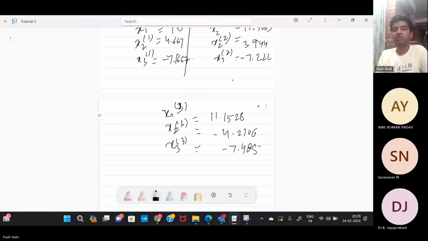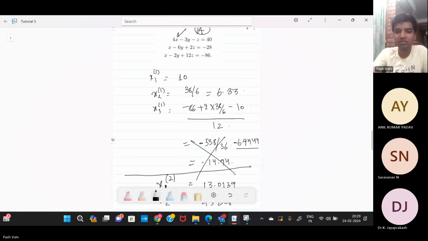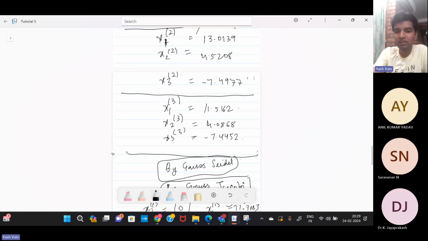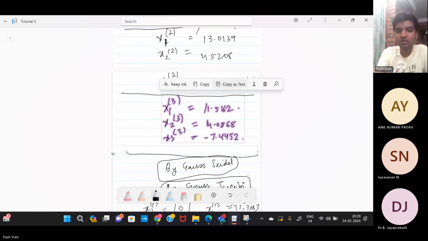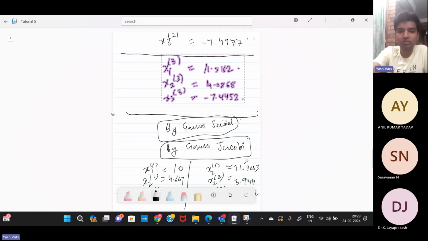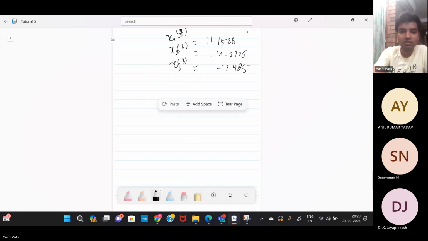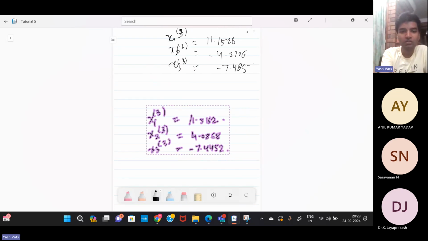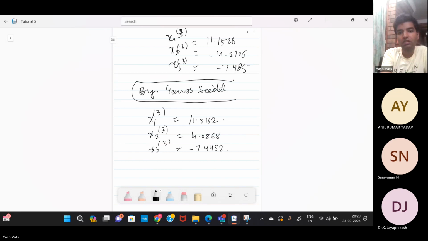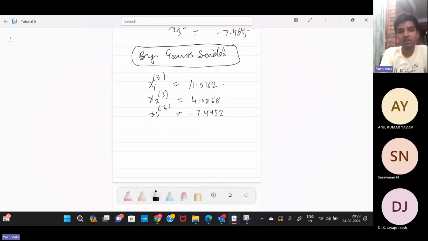So which method is good? Tell me. Here you are getting these values. So it is by Gauss-Seidel. And next one is we try to find out the errors basically.